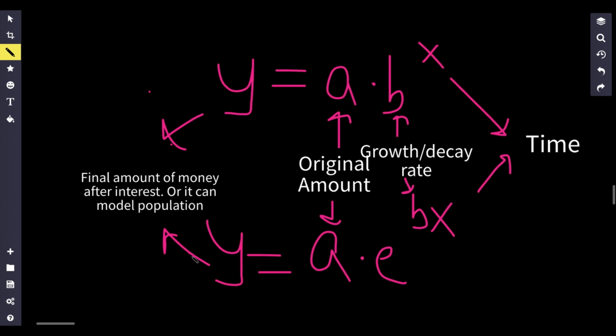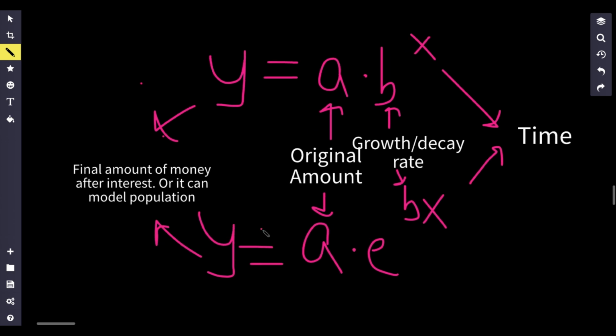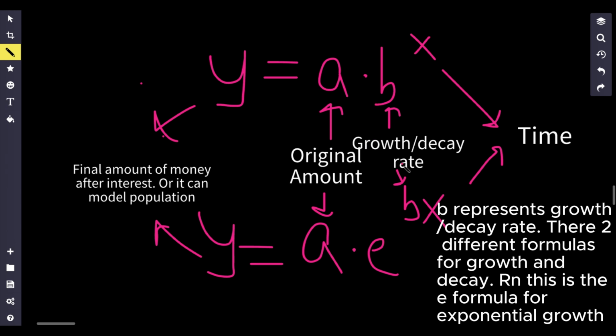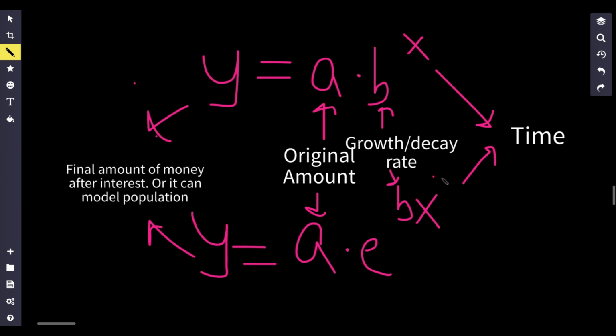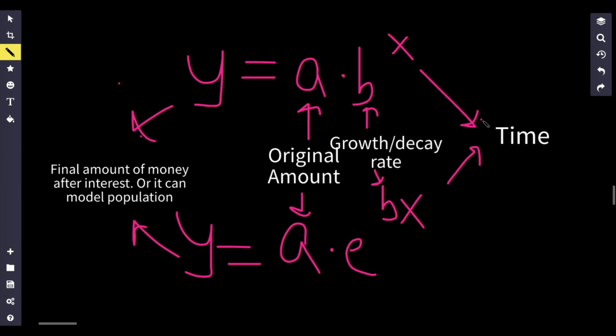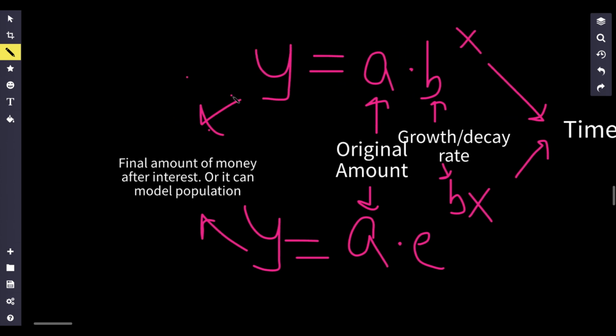But another way you can model exponential growth or decay is y is equal to a times e to the bx. A represents the original amount of the thing you have, b represents the growth or decay rate, and x represents the time. And y can represent the total amount of money you gain after interest, or if you're modeling population, the final population.